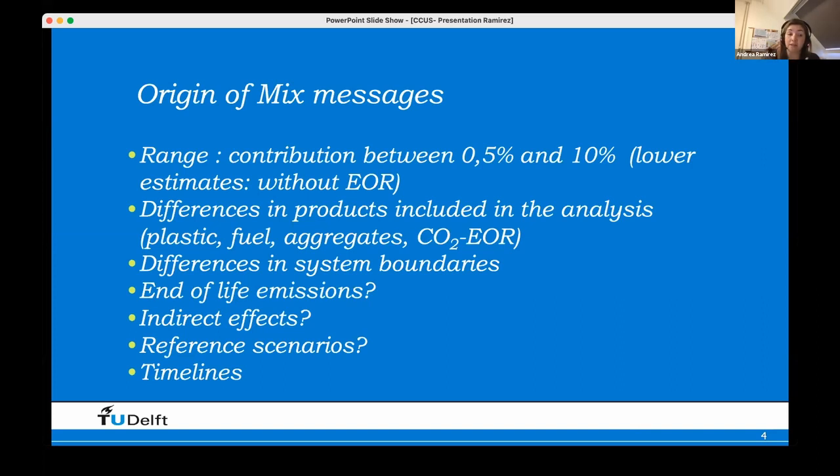What are you comparing it to? What are you displacing? What is the timeline of displacement? And how has CO2 evolved over time? And whether you are capturing or avoiding carbon debt in the case of bio-CCU concepts, or even an increased amount of CO2 uptake from the atmosphere in some of the carbonation concepts.